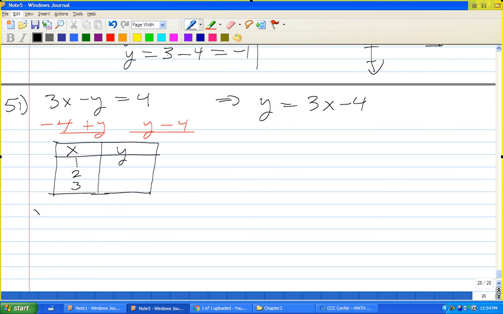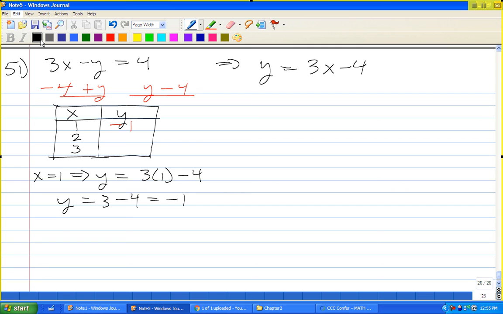So if x is 1, then y is equal to 3 times 1 minus 4. 3 minus 4 is negative 1. Determine y when x is 2. So y equals 3 times 2 minus 4. 6 minus 4 is 2.